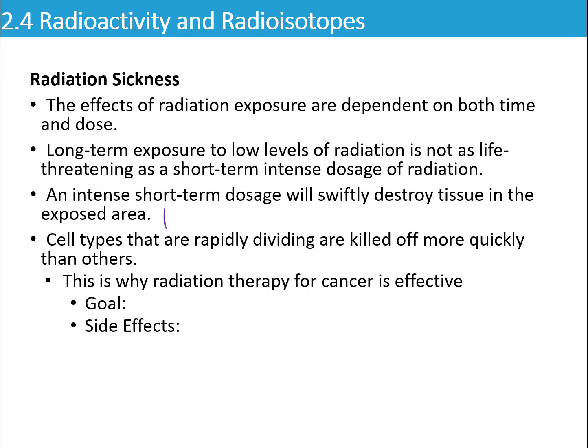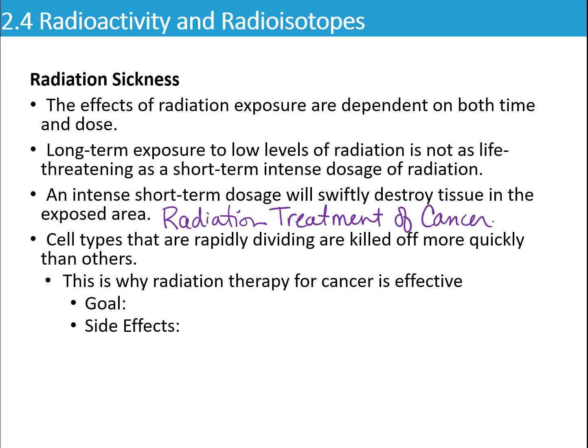When you think of radiation treatment for cancer therapy, the goal is to use high energy radiation to damage and destroy rapidly growing cells. So the patient goes in for radiation.